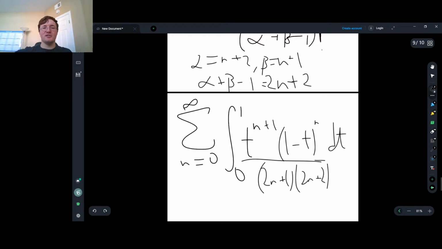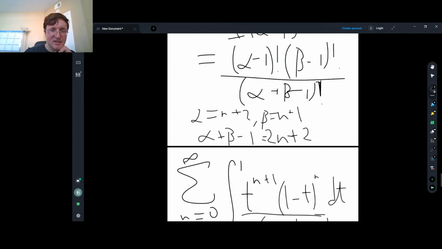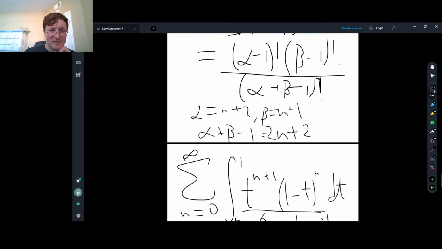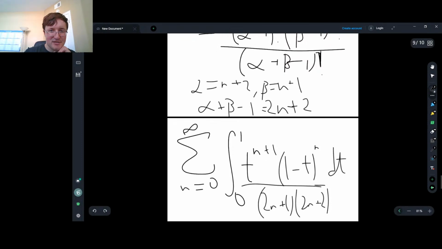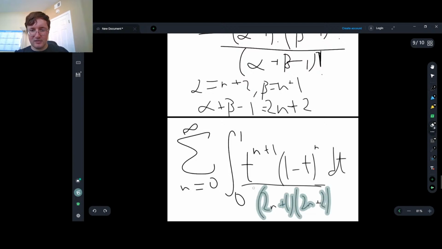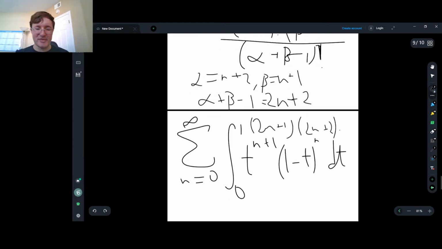Okay, so the integral gives n plus 1 factorial, n factorial over 2n plus 2 factorial. Oh, no, I need to multiply. Sorry. 2n plus 1, 2n plus 2 times this whole mess.